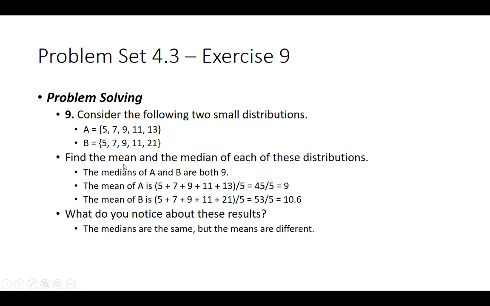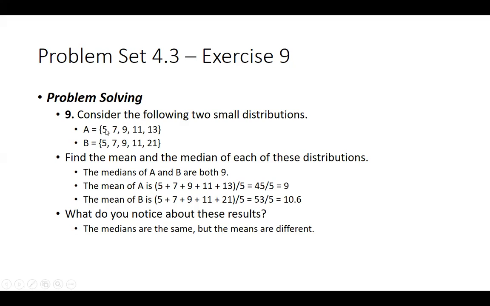Let's find the mean and median of each of these distributions. They both have 5 data points. The data point right in the middle is 9 for both. So the median of A and the median of B are both 9.